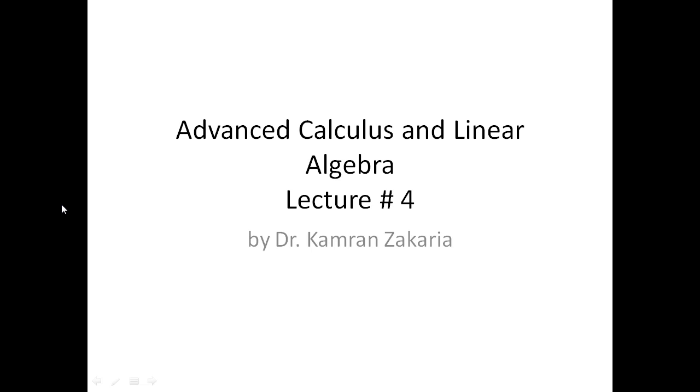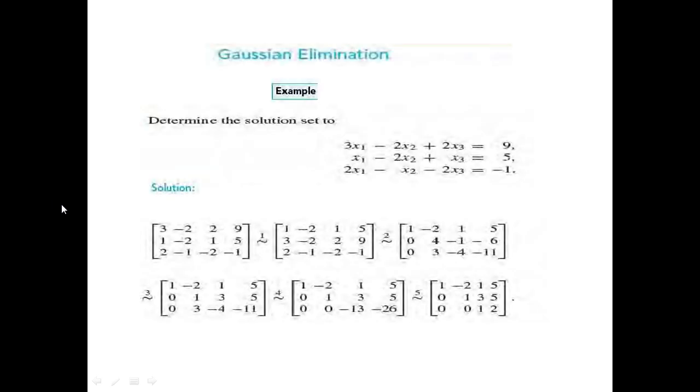The Gaussian elimination method. We now illustrate in this method how elementary row operations are applied to the augmented matrix. Suppose this is an example: determine the solution set to these three equations.